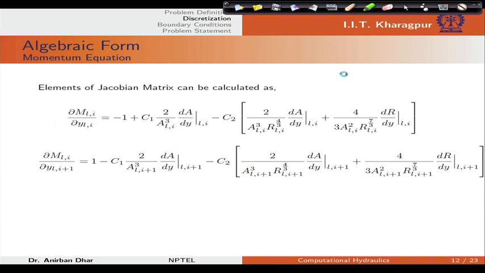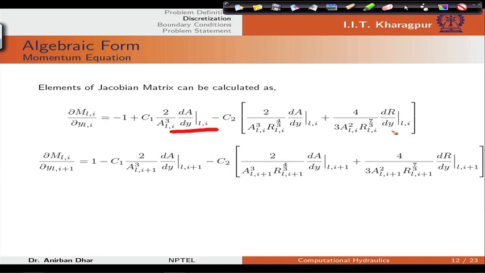Now in this case, for any general prismatic cross section, we need to find out what dA by dy is, and it should be evaluated at L plus 1.